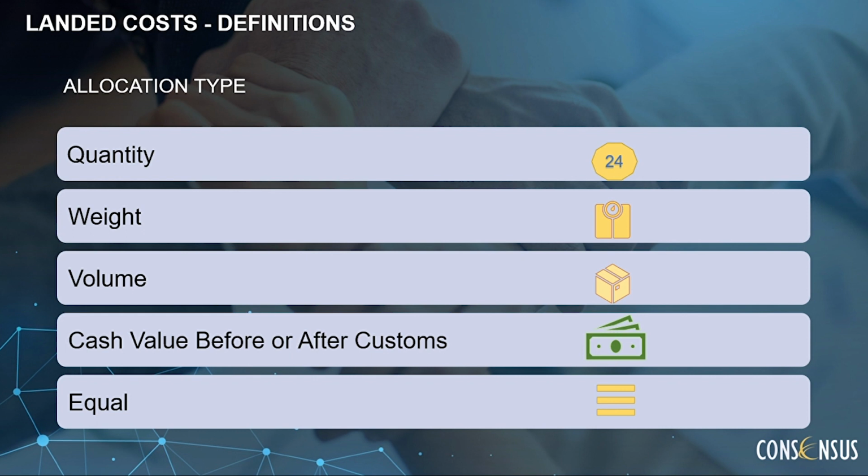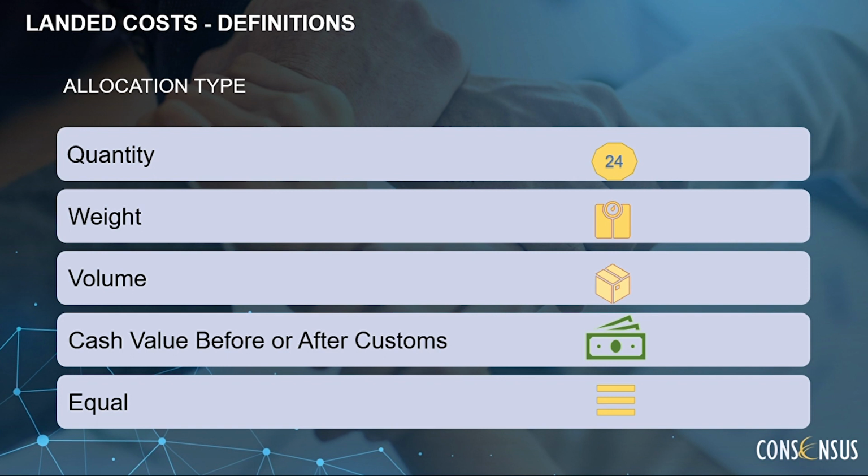Let's say the cash value and maybe the insurance is huge. So in that case, I would use the cash value instead of weight or volume. But if I'm buying furniture, in that case, weight and/or volume makes more sense. So that is critical for you to make that decision.